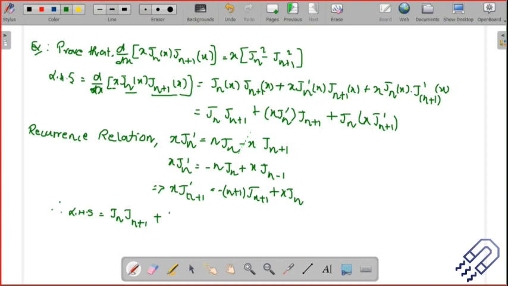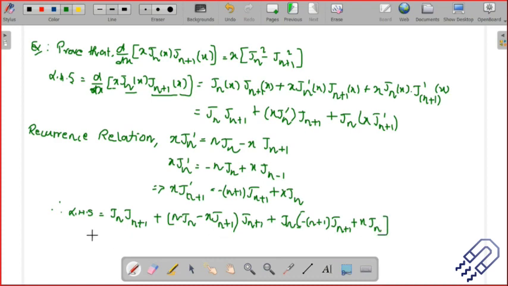So this x Jn dash can be written as n Jn minus x Jn+1, and then we already have a Jn+1 outside, plus this is Jn, we have x Jn+1 dash, so this would be minus of (n+1) Jn+1 plus x Jn, right?